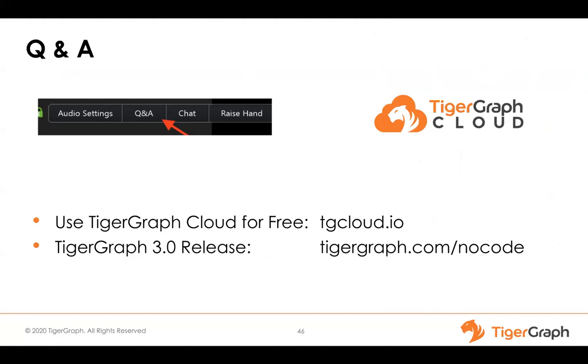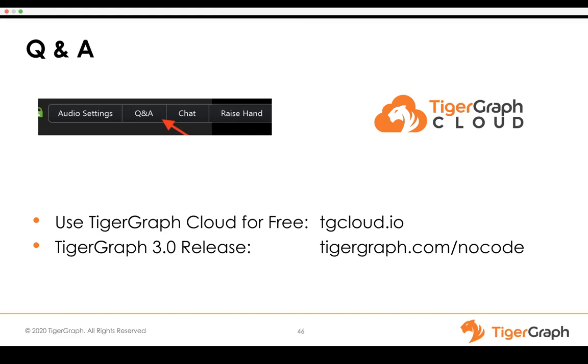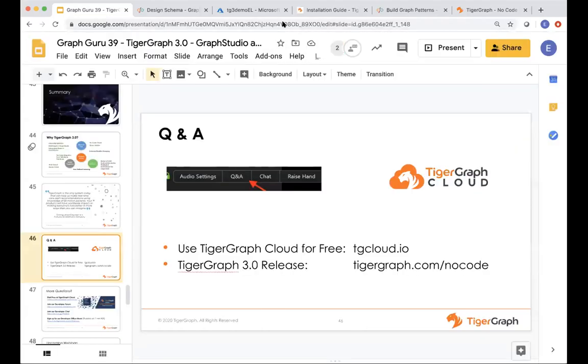I also demoed that there is a button on the toolbar that you can use to get to the GSQL query right away. And there's another question, but I actually don't see it. Emma, there are some questions in chat as well as in the Q&A, so you might want to look at both of them. Let me just get to the Q&A part.